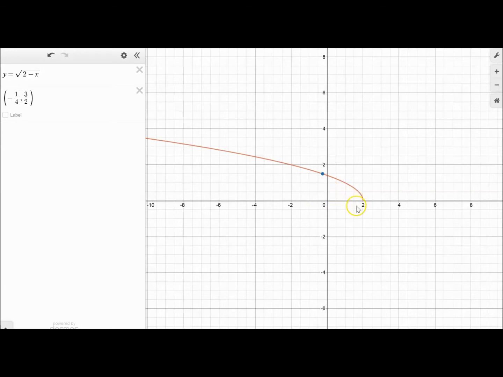Now imagine, if you will, because I can't write on this graph in Desmos, connecting the point right down here at 2, 0 with the point right over here, which looks like -7, 3. If you connect that line, that line connected would be parallel with the tangent line that we've got drawn right there.